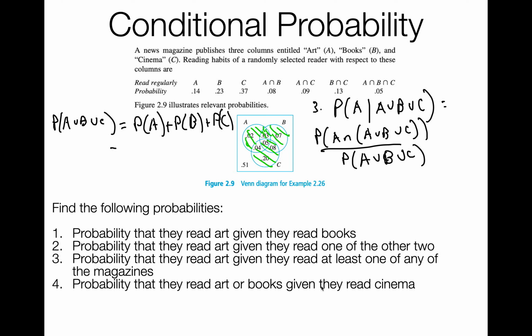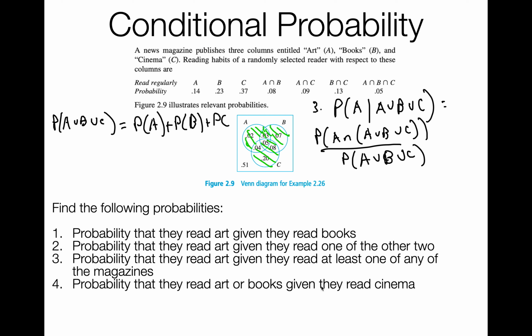You've double counted the intersection of the 2's, so minus the probability of A and B, minus the probability of A and C, minus the probability of B and C. Okay, and then when you've done that, you've then taken away too many of the intersection of all 3, and so you have to add in the probability of A and B and C. Okay? So that's the formula. It's a large formula, and I won't show all the work here.